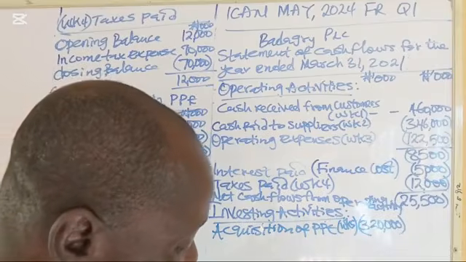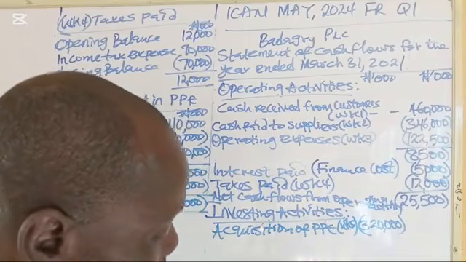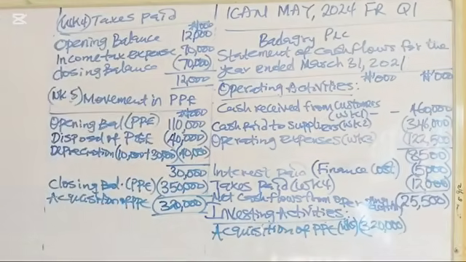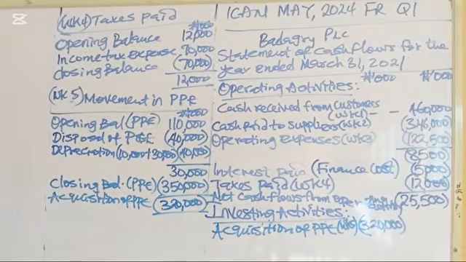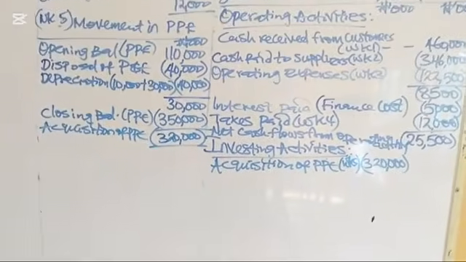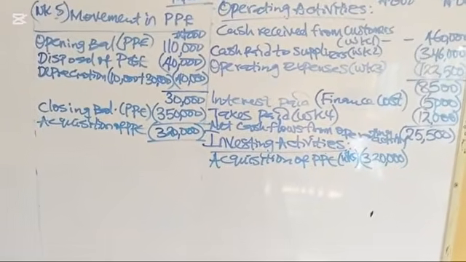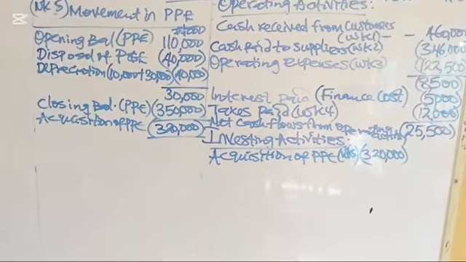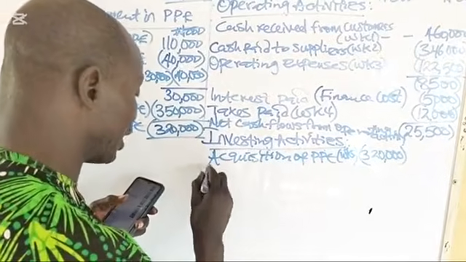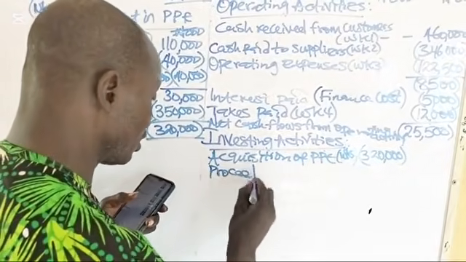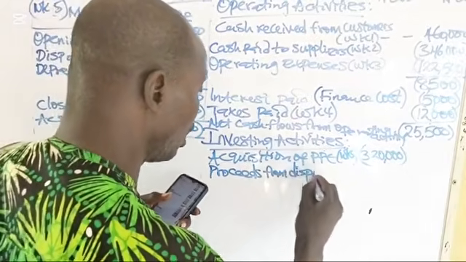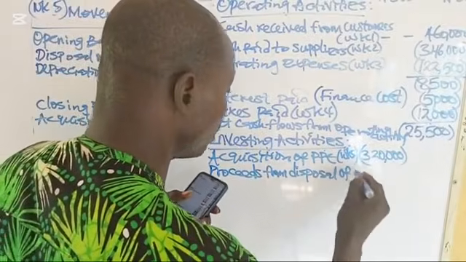Okay. Now, back to the business. The next item we have under the non-current asset is investment. So let's check the movement in investment too. Okay, the property, plant and equipment we also have disposal, right? The ones that were disposed, the proceeds are already given. Proceeds from disposal of PPE.